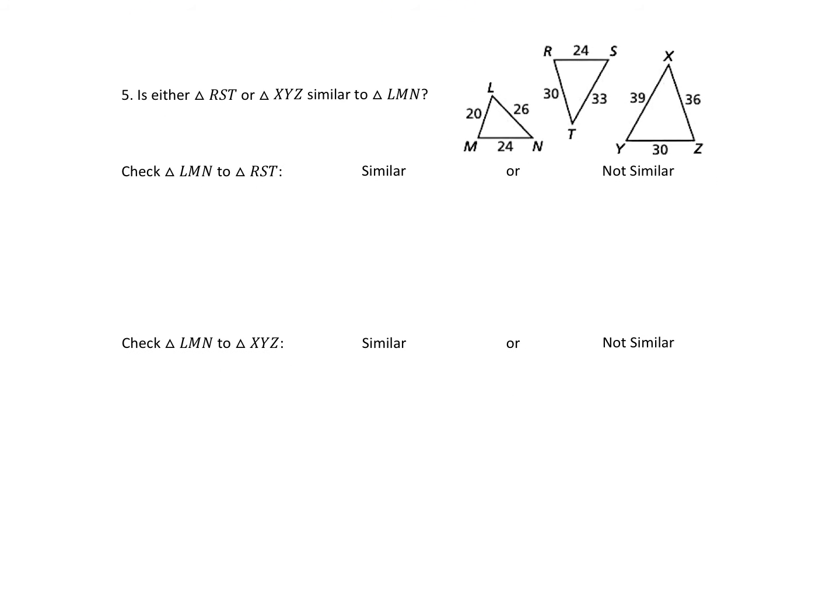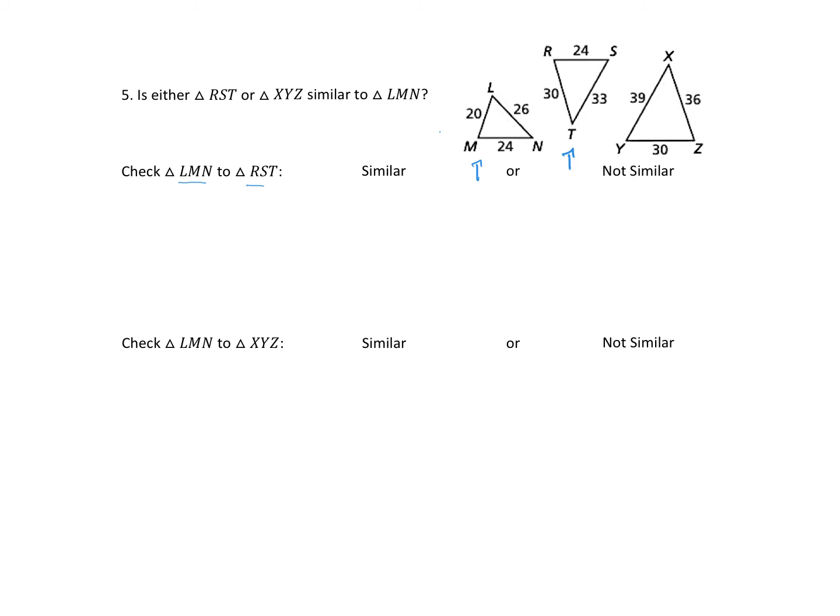Finally, let's go to number 5. Are either triangles similar to each other? So let's check LMN to RST, which is the left and the middle one. This looks a little bit tricky because this triangle looks like this triangle but rotated.